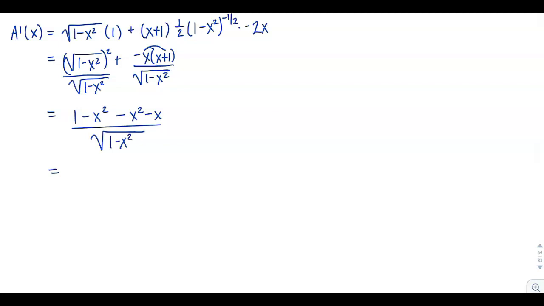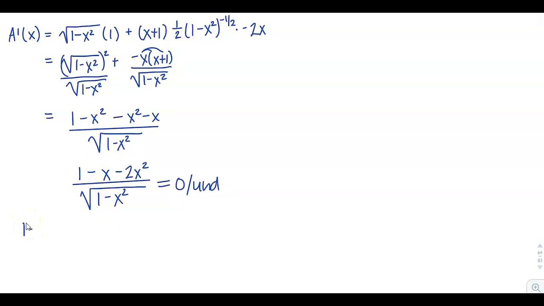So I have 1 minus x minus 2x squared in the numerator, all over the square root of 1 minus x squared. And I want to know, where is this equal to 0 or undefined? So that means I'm going to need to set the numerator equal to 0 and figure out potentially where the denominator equals 0.